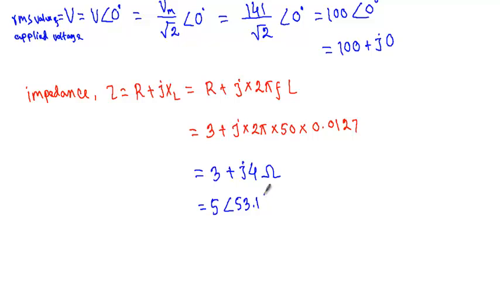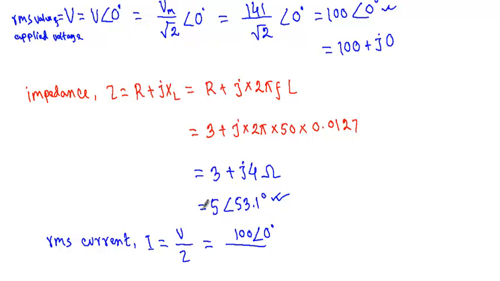Now I know the value of the RMS voltage and the impedance, so I can easily calculate the RMS value of current. RMS current I will be the ratio of voltage to impedance. The RMS voltage is 100 with phase angle 0 degree, and the impedance is 5 with phase angle 53.1 degree.